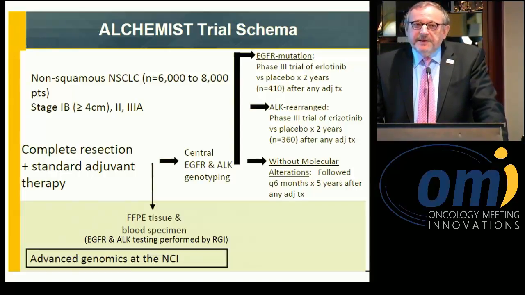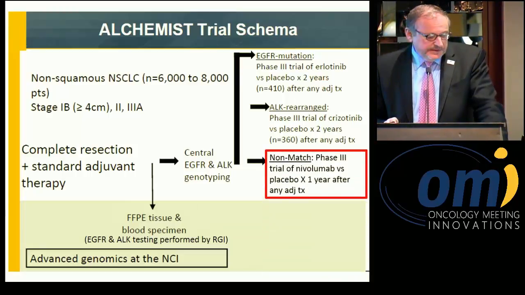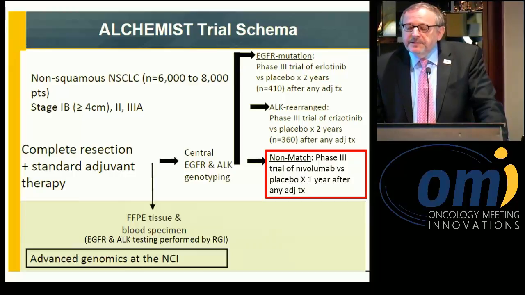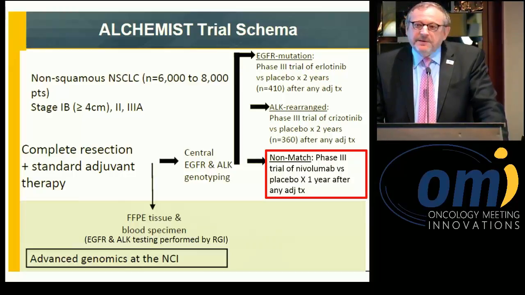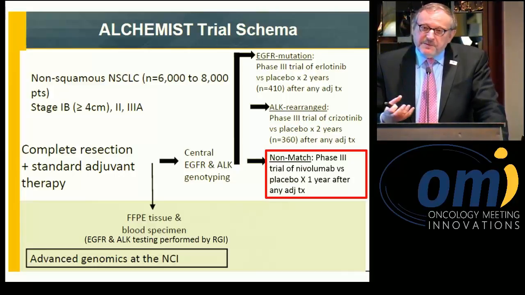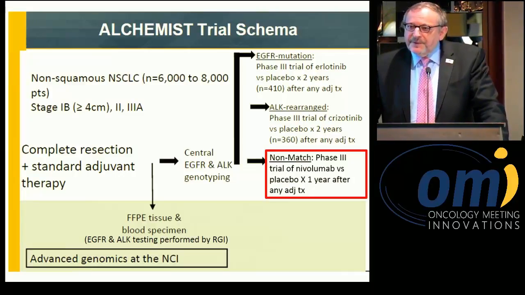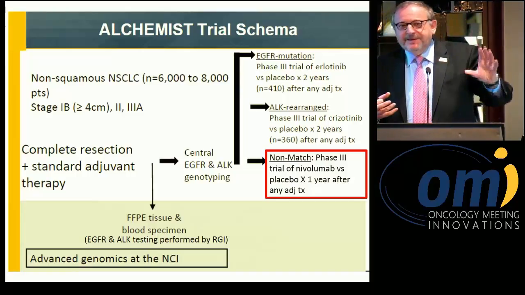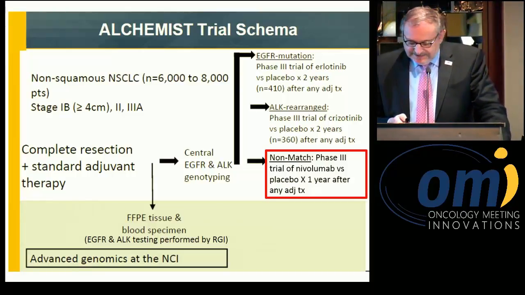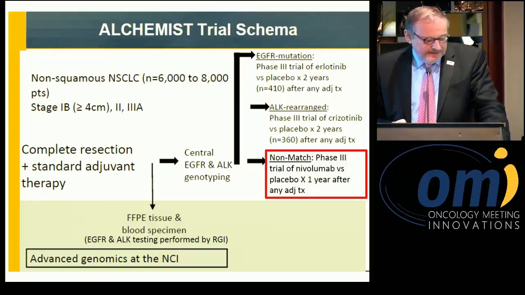Until recently, there have been only two clinical trials linked to those, one to EGFR mutation and one to ALK. But most recently a non-matched arm has been introduced, which has been discussed also here, nivolumab versus placebo. That was a good thing, because then you can offer patients who haven't got a matched abnormality also some treatment.